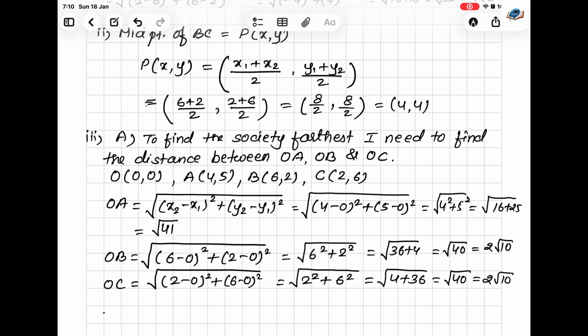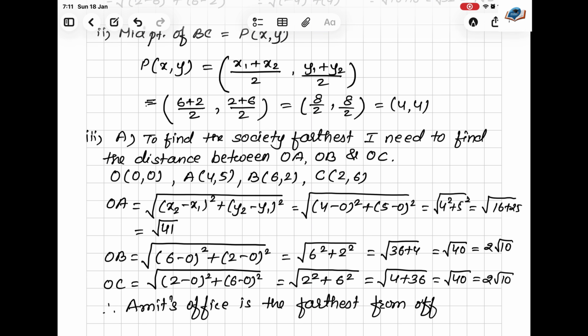So they both are at the equal distance. So he has asked me which one is the farthest. So Amit's society is the farthest from office. Sorry, here it was Amit's society.